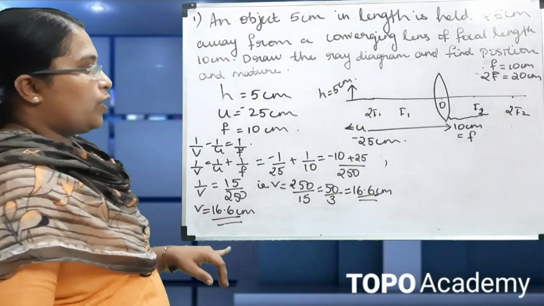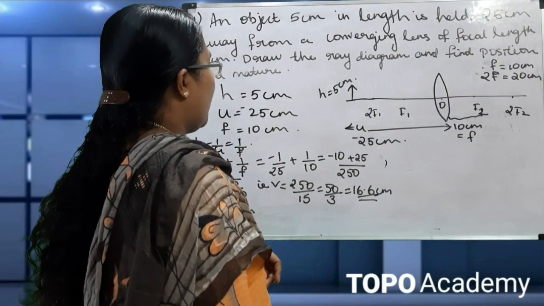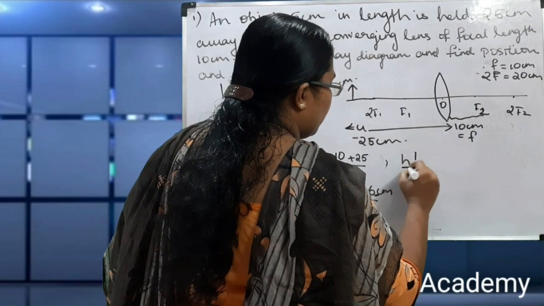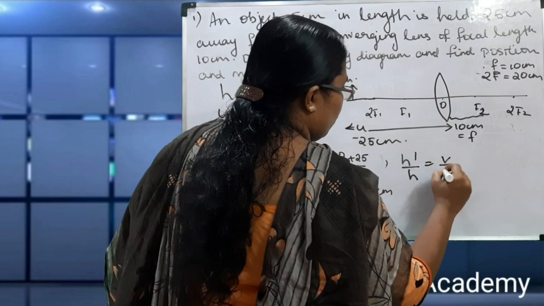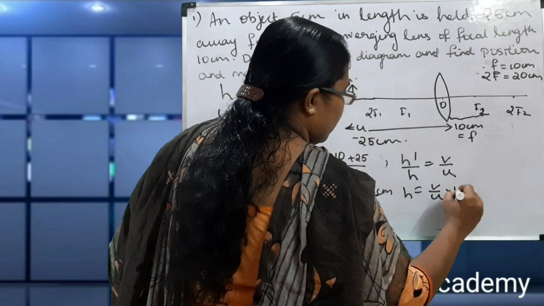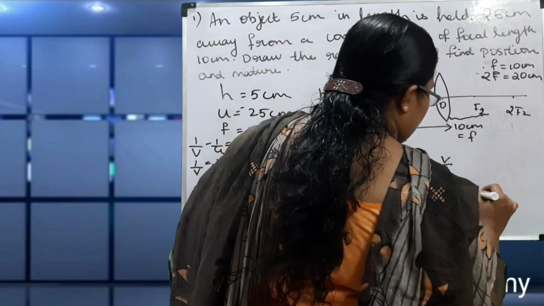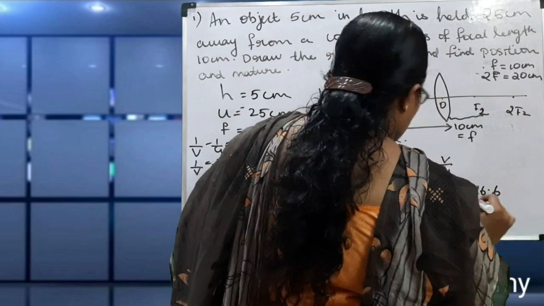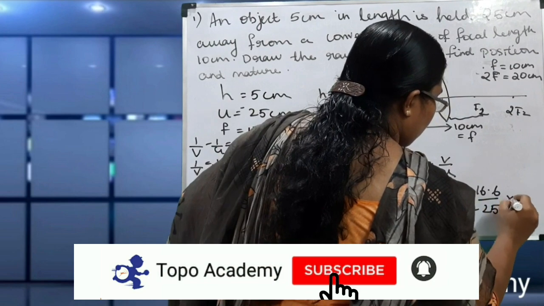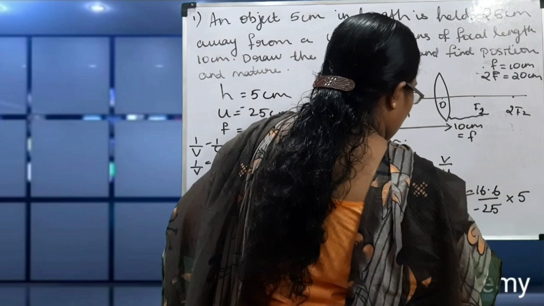So next we have to find the value of H dash. H is given. We can use the formula H dash divided by H is equal to V by U. So H dash is equal to V by U into H. What's the value of H dash? It is 16.6 divided by, what's the value of U, minus 25, into, what's the value of H, 5.